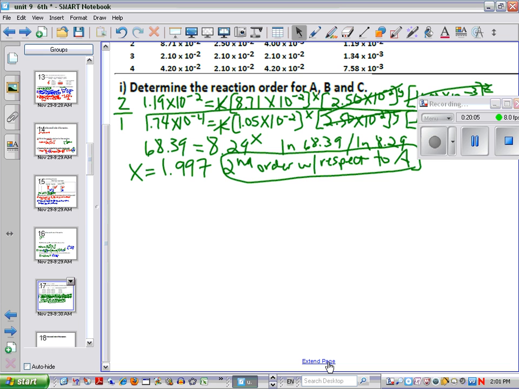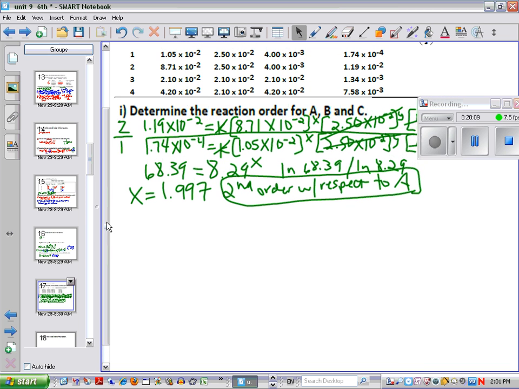Okay? So that was the easy part of it, because now we're going to run into a situation where we don't have two more kept the same. So, any clues? We know A, so we know what the exponent for that is, right? So we just want to keep now one of the other two constant, and I'm going to show you how we're going to use the A as an actual number.